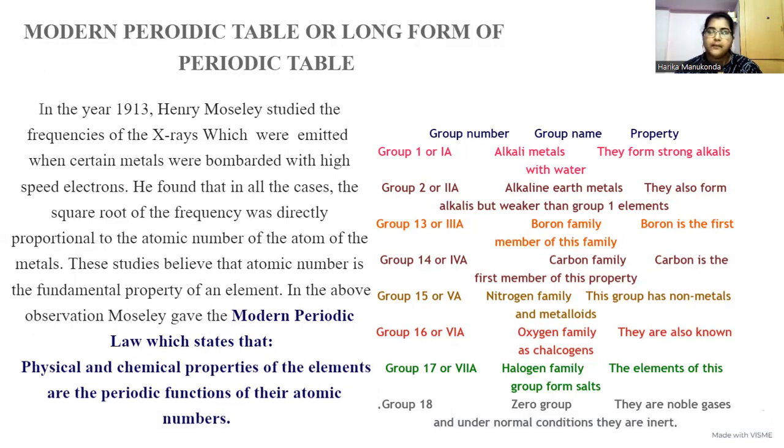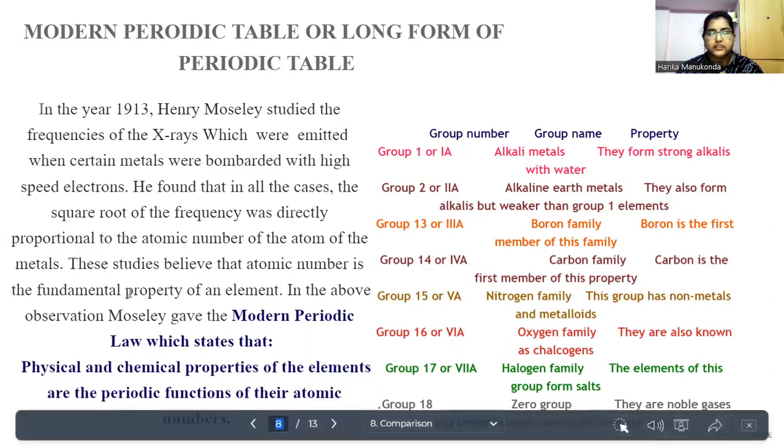He thought that atomic number is the crucial, more accurate one to create a periodic table. So he came to know that not the atomic mass, but the atomic number is a fundamental property of an element.